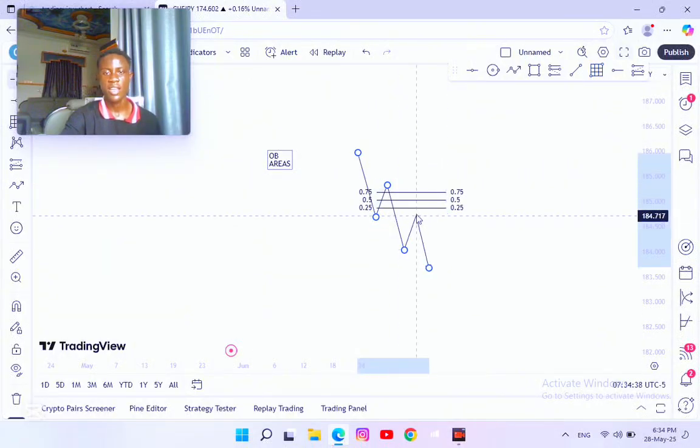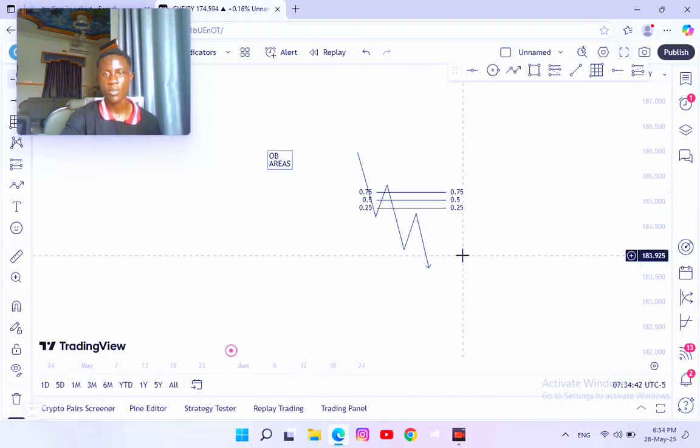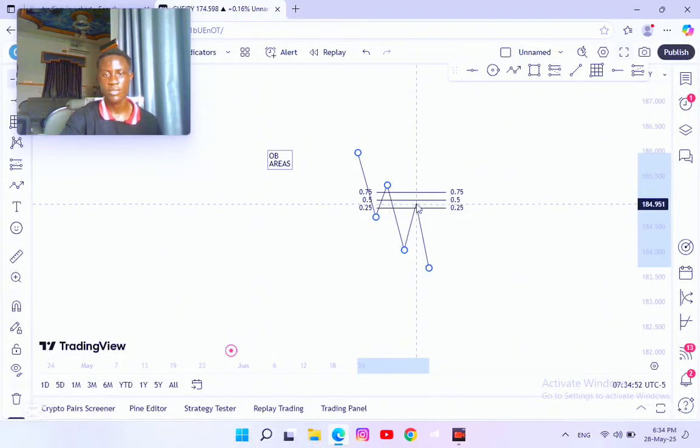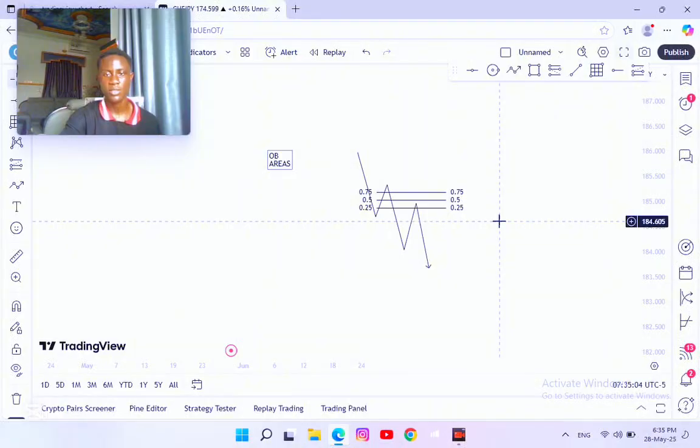Like I said, if price retests this level without coming to the 25% level, it means I'm going to be taking my first trade at the 50% of this 0.25 level. But if the retest comes to touch the 50% of the 0.25 level, I'm going to be taking my entry from the 50% of the 0.5 level, or areas.